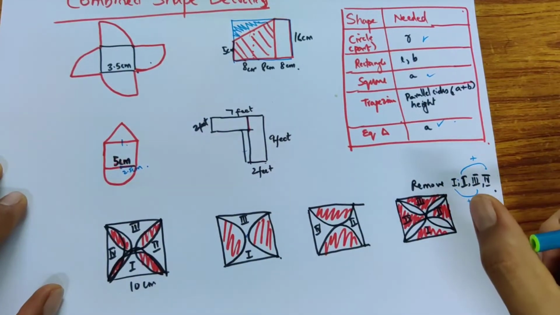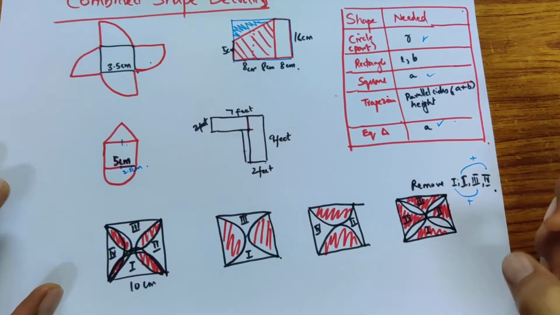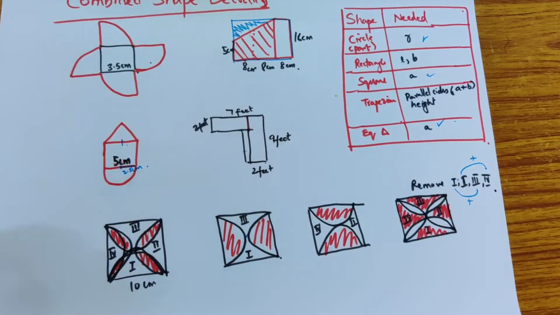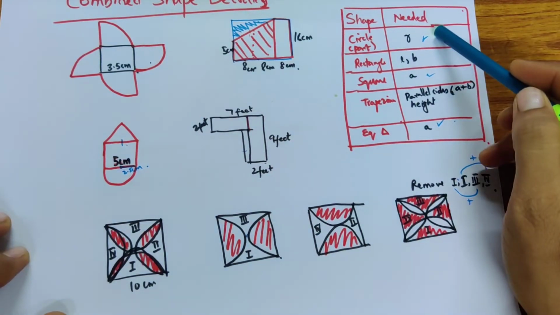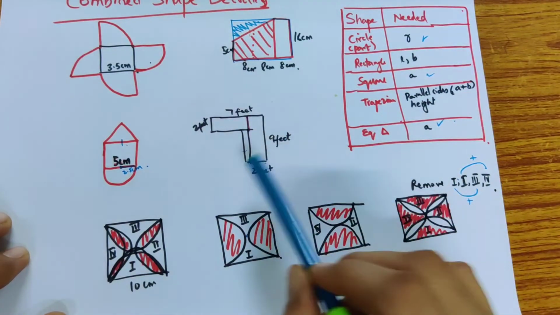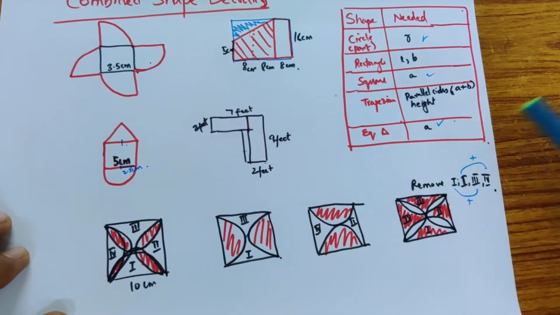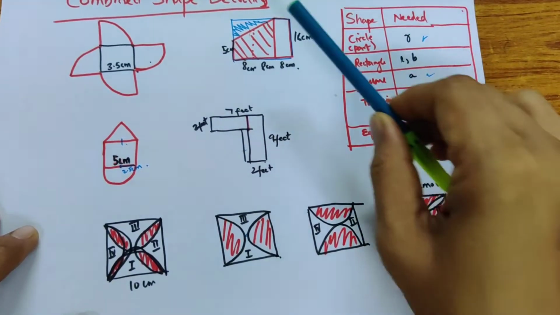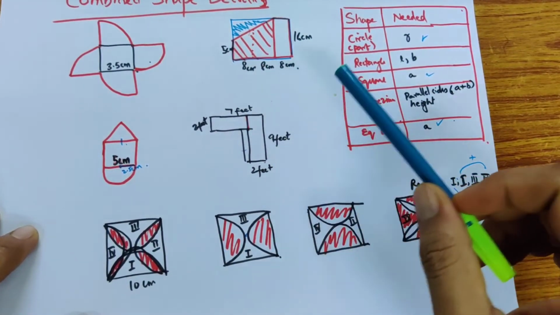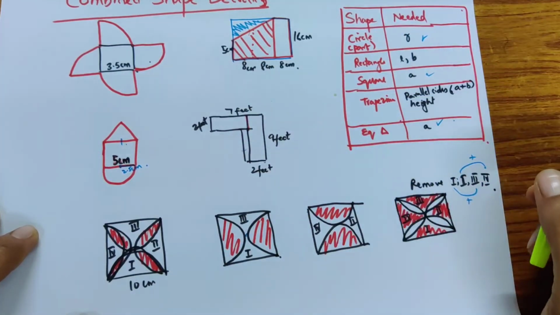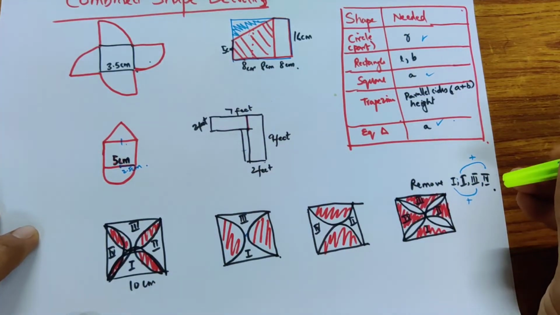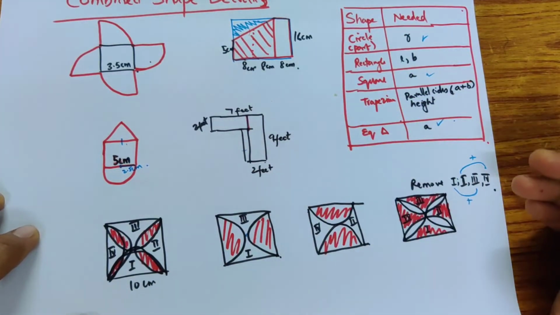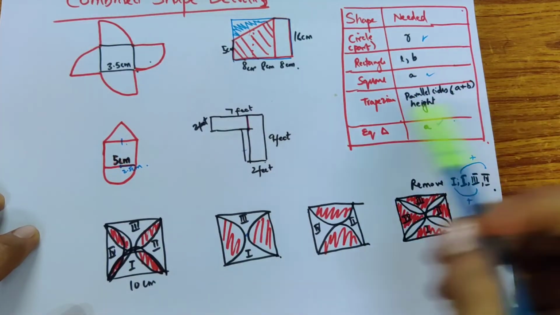So I think the main challenge is that children should be able to recognize patterns. They should know what's needed, and they should be able to compare with what's given. Can I get what is needed from what is given? I'm not going to look at these because these are just regular whole numbers, rectangles and trapeziums.